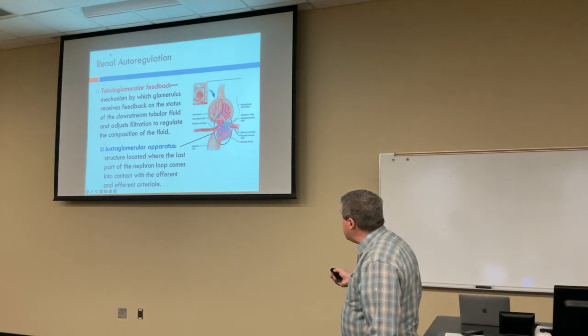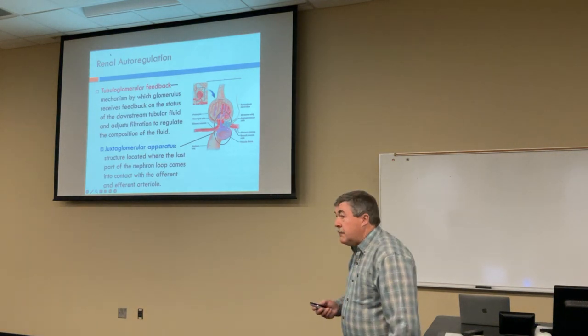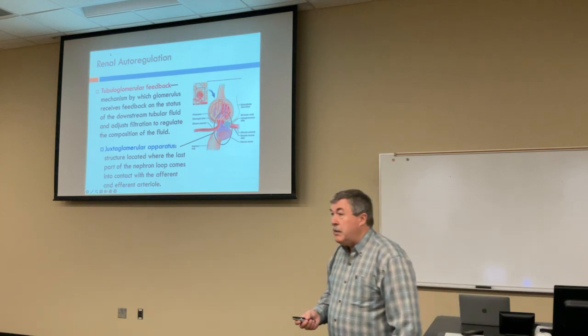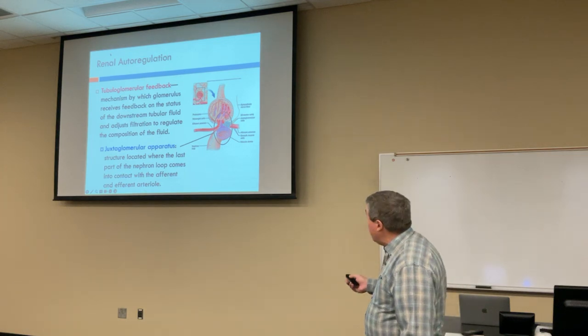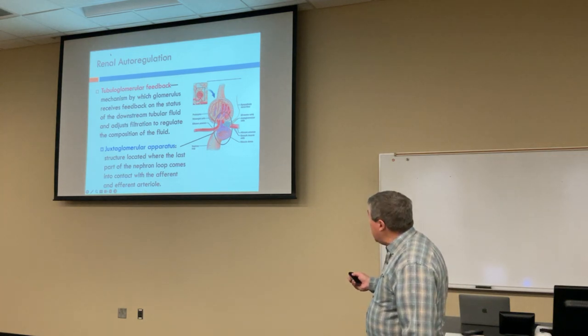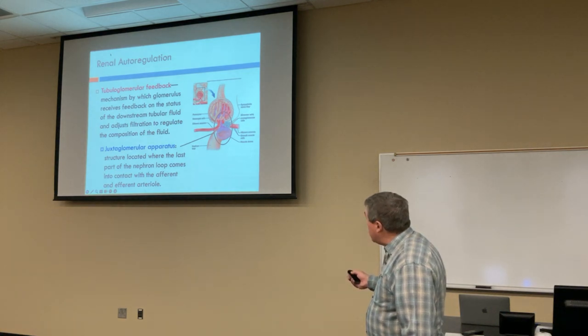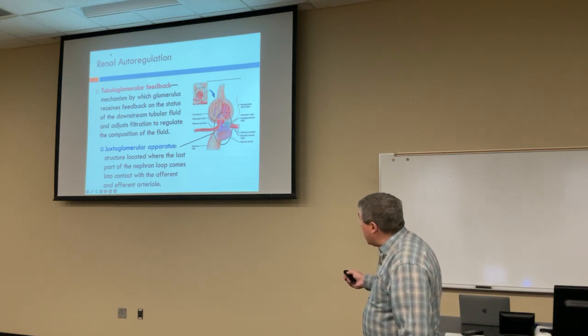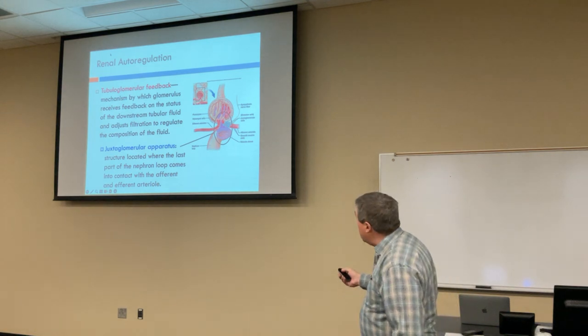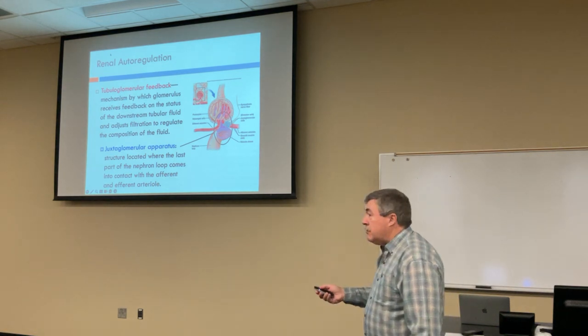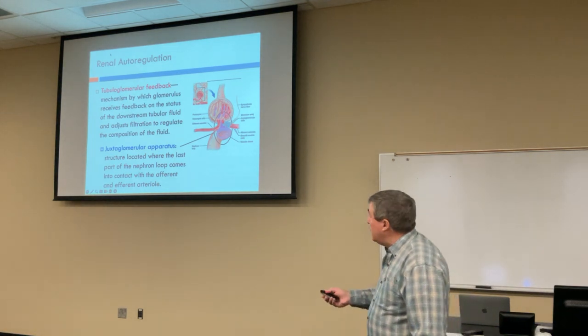The macula densa cells then synthesize ATP. The ATP is then picked up by another small group of cells that's right between the macula densa and the afferent and efferent arterioles, right here in the middle. It's just a small cluster of cells called mesangial cells.